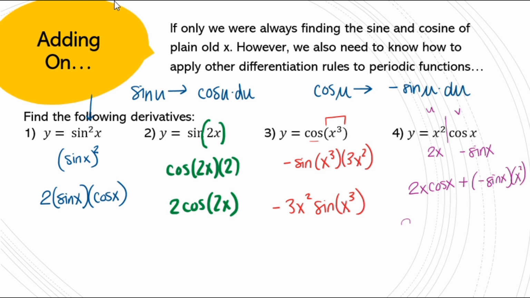So 2x cos x, I'm happy with how it's written, but I want to clean up the second term, negative x squared sine x. And I have blasted through that one, but I know you've seen product rule before, and you know that you can just do this plus this, and it all works out.